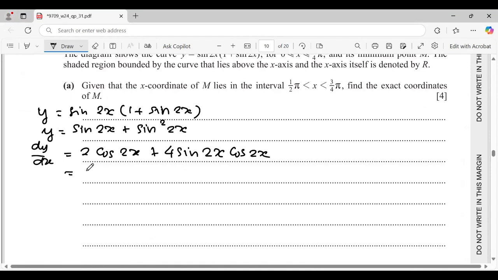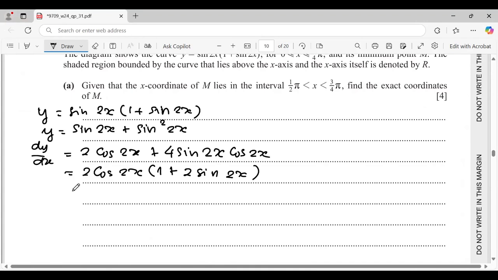So it's going to be, factorize 2 cos 2x (1 plus 2 sin 2x), correct? Yeah. And then set the derivative dy/dx equals 0. If we set it, it becomes 0.